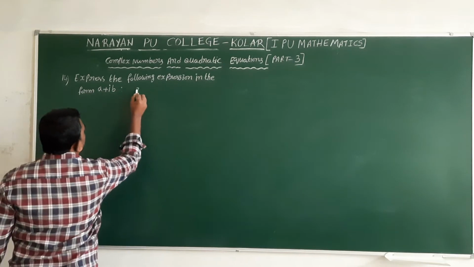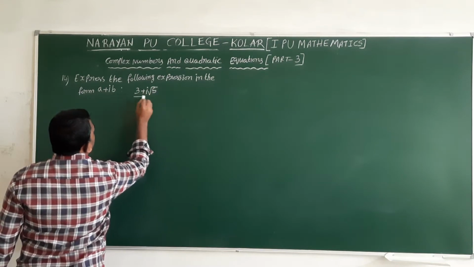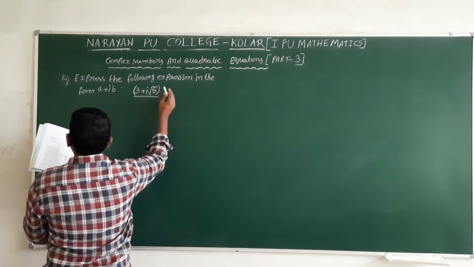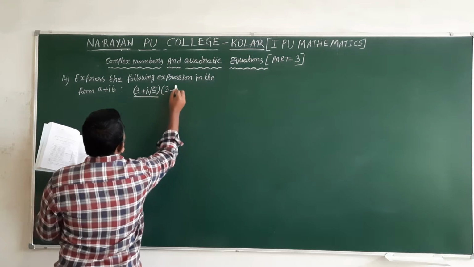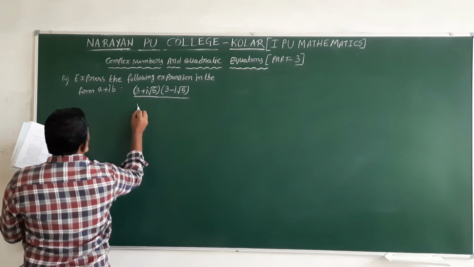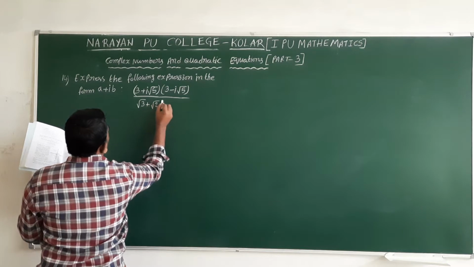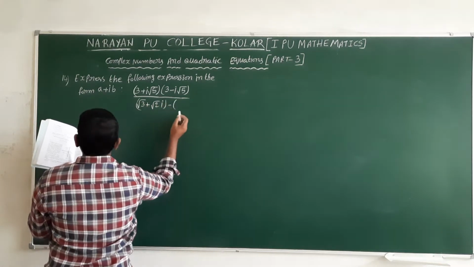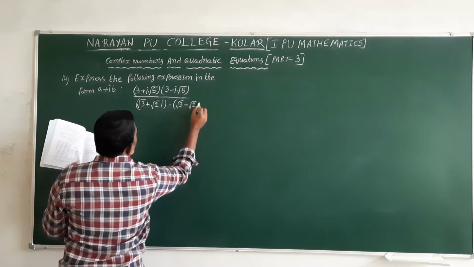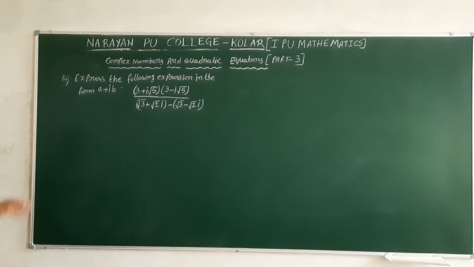You can write it: 3 plus i root 5 into 3 minus i root 5, whole divided by root 3 plus root 2i minus root 3 minus root 2i. So it is an important problem for 2 marks.